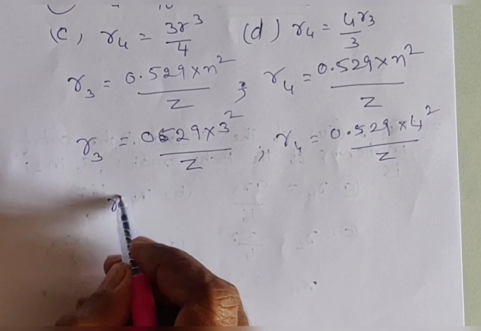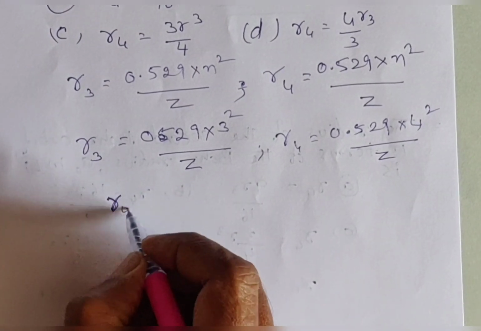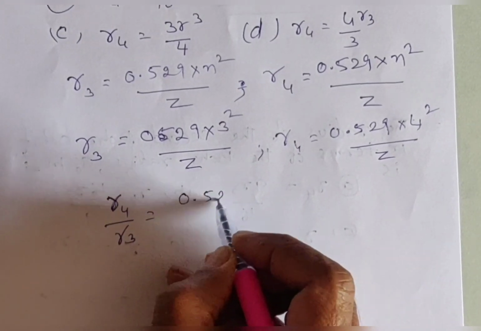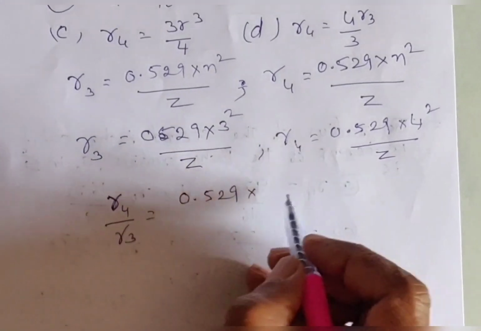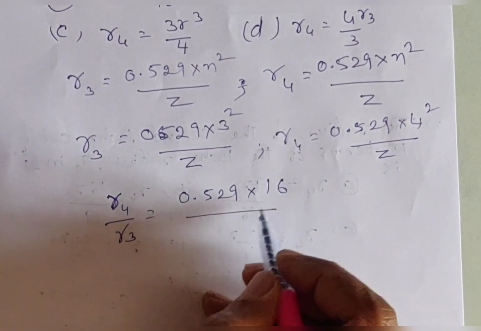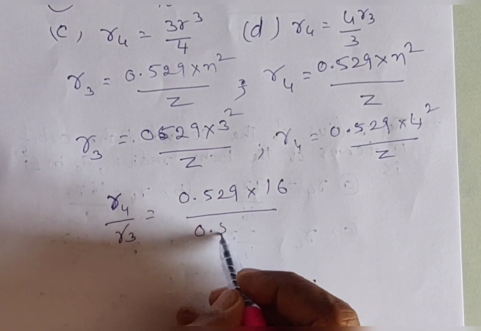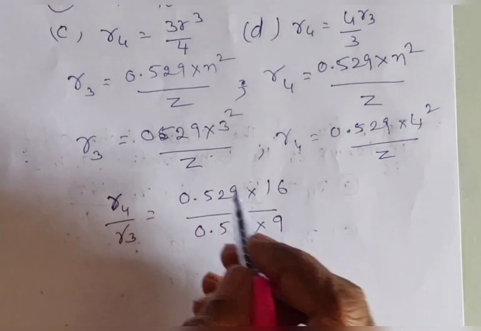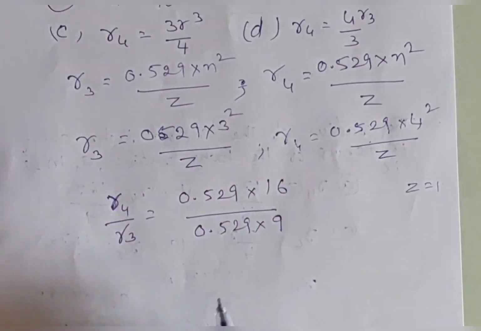Then R4 by R3 is equal to 0.529 into 4 square, means 16, by 0.529 into 3 square, means 9. Right? Both Z values are equal to 1.